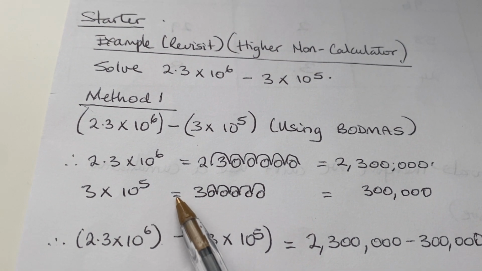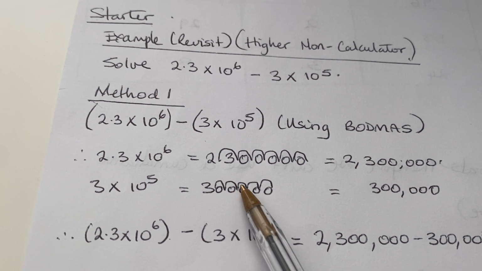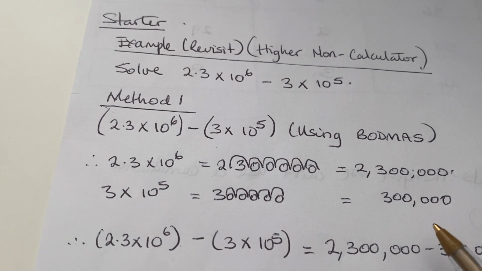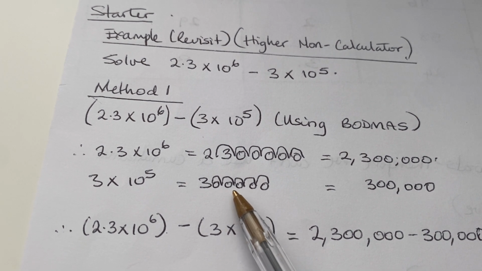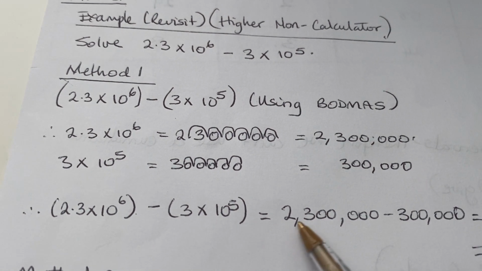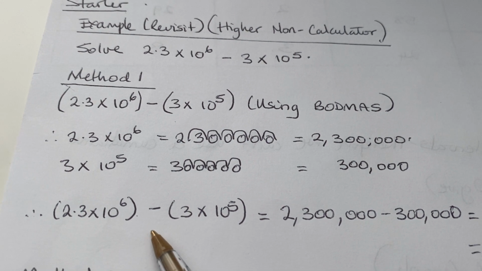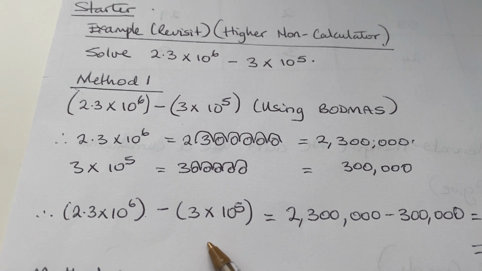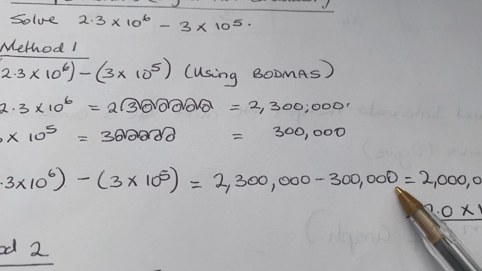3 times 10 to the power 5. So 3, then 1, 2, 3, 4, 5, because it's 10 to the power 5. So now I have 1, 2, 3 comma 1, 2, 3, so 300,000. What it means is 2.3 times 10 to the power 6, which is 2.3 million, minus 3 times 10 to the power 5, which is 300,000.